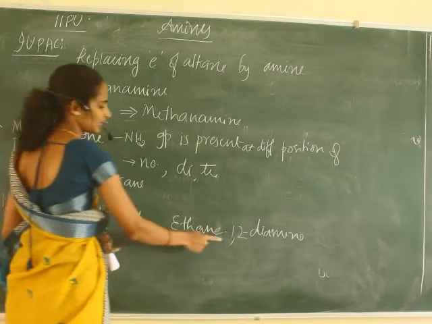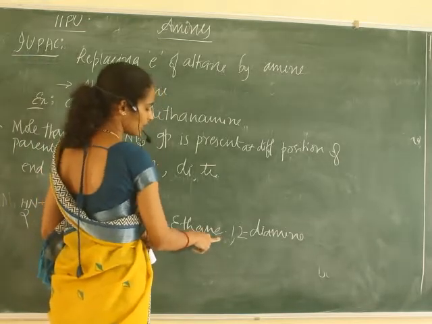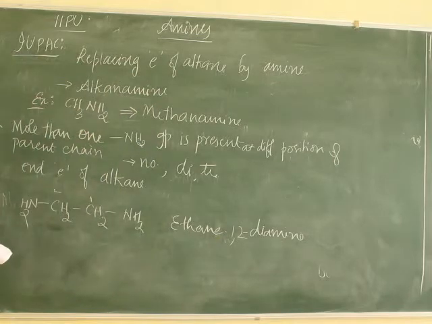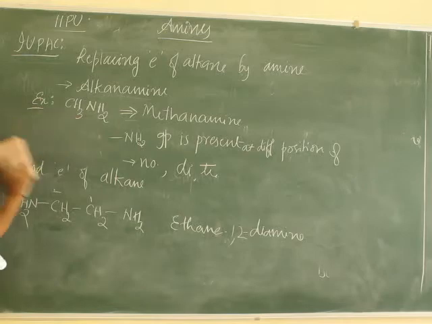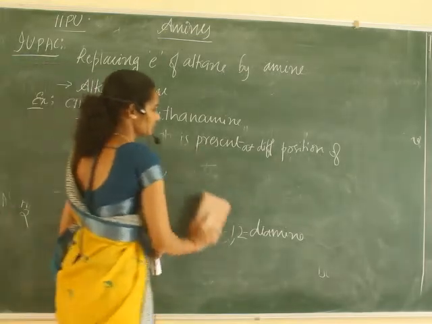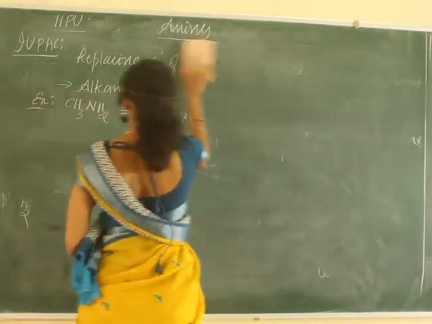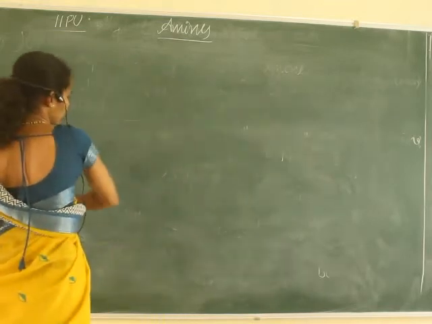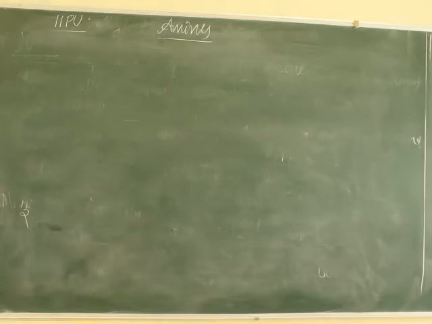That is ethane, and we have to retain the end E of alkane. This is about the nomenclature of amines in the IUPAC system. Let us see a few examples. First column amine, second common name, third IUPAC name.